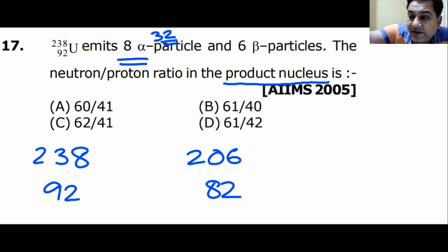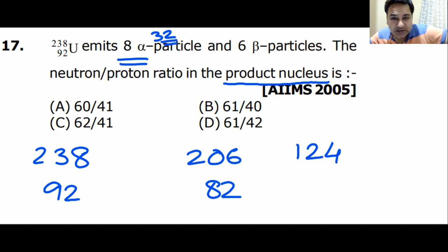Can I have some raise hand that we understand this from everyone? Now you can find the number of neutrons. How many number of neutrons are there? 206 minus 82. What is that number? 124.